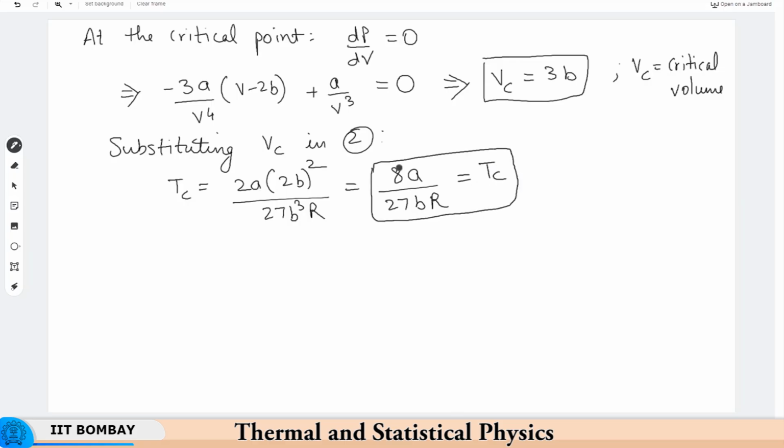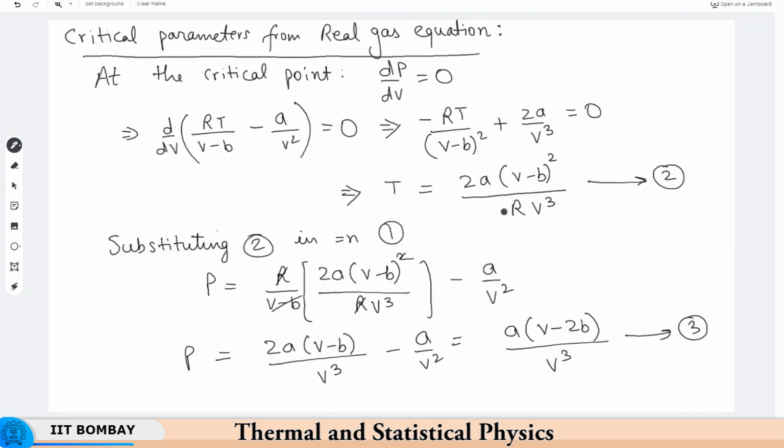Similarly, now we can use equation number 3 to calculate the critical pressure, right? So now we can substitute Vc here.